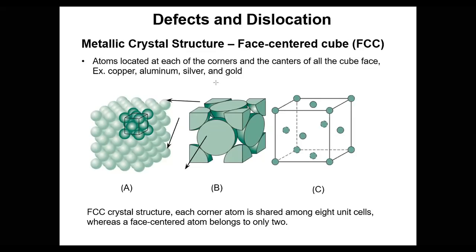But the atoms in the faces of the cube are shared between 2 unit cells only. Half belongs to this unit cell, and the other half belongs to another unit cell. So a face atom is shared with 2 unit cells only, but the corner atoms are shared with 8 unit cells.